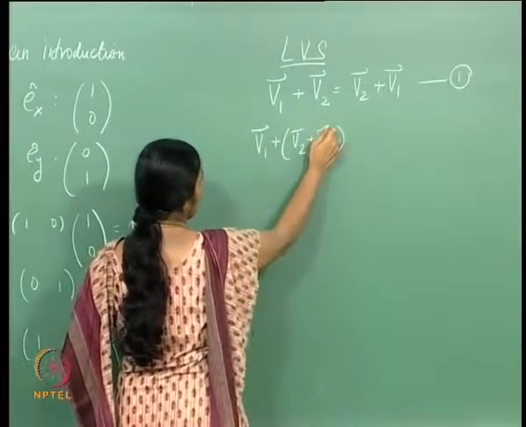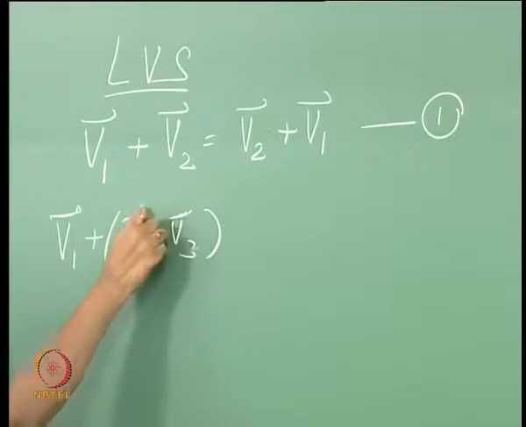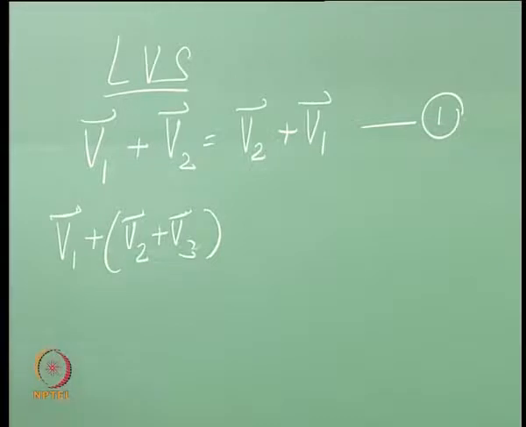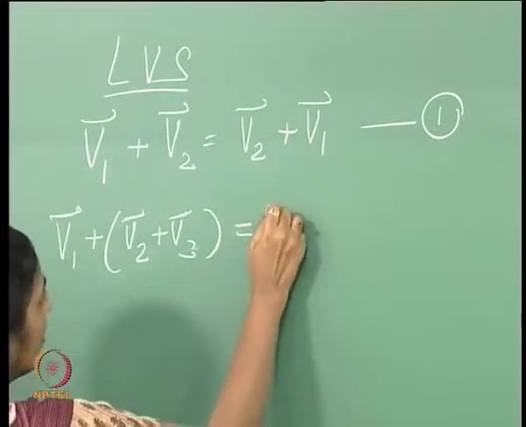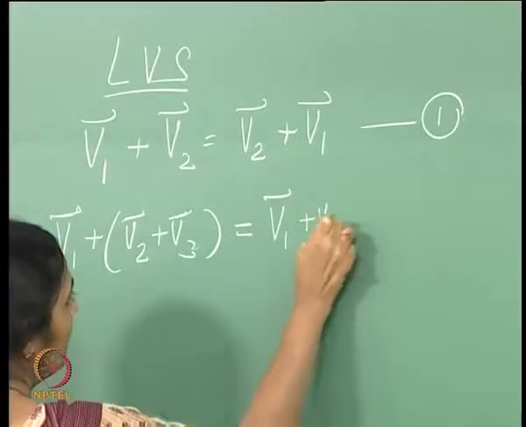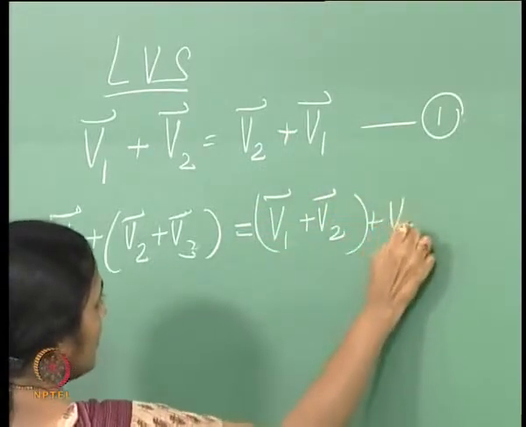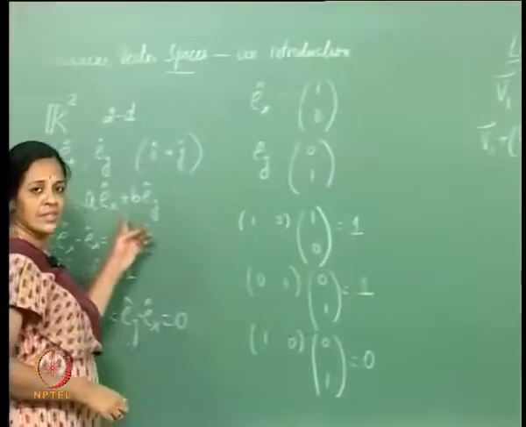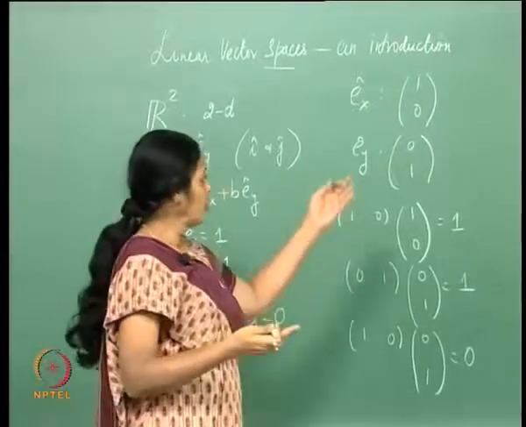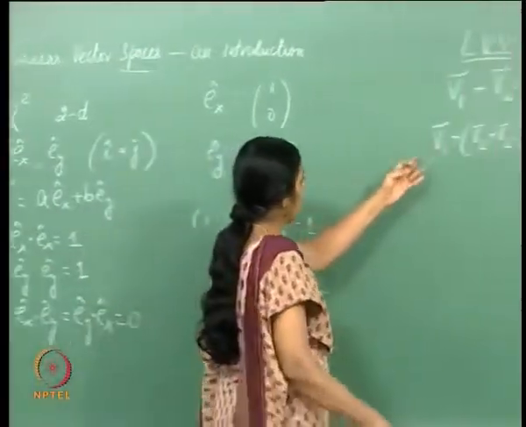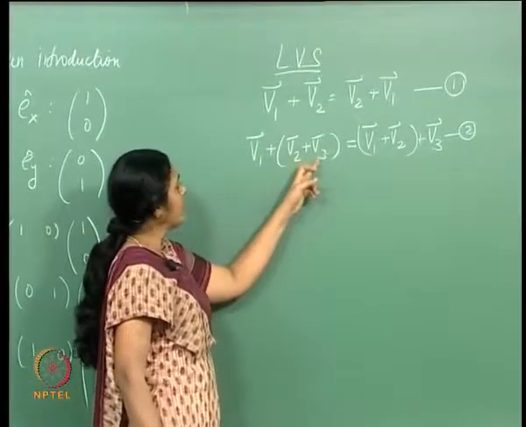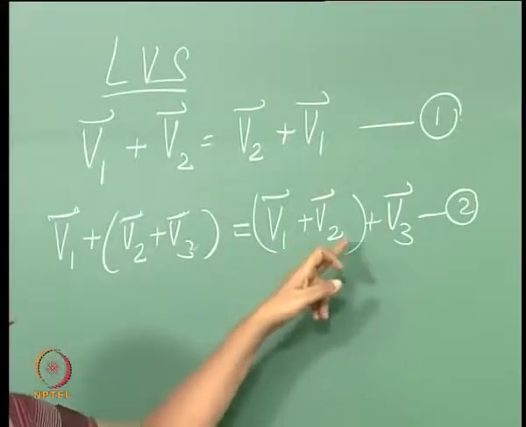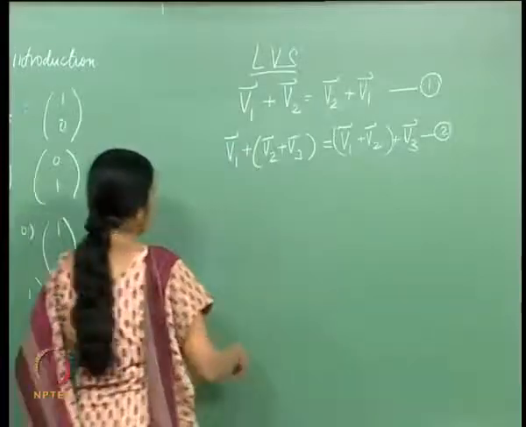By this I mean a vector, the over bar or the over arrow, I just use that as a notation for a vector. This is certainly true. For all vectors in this space, take any three vectors and you could add them like this. First add v2 and v3 and then add the result to v1, or add v1 and v2 and then add it to v3. Get the same answer.